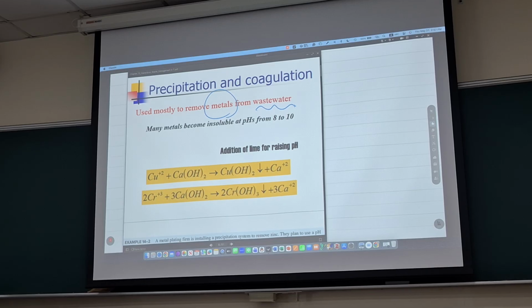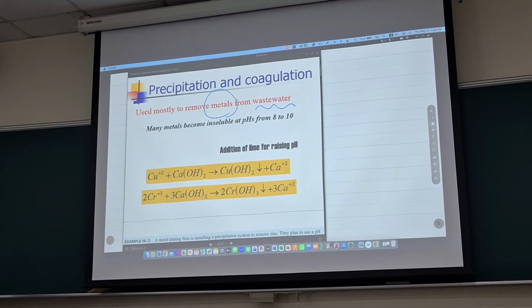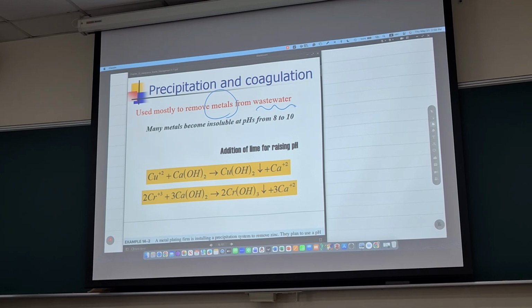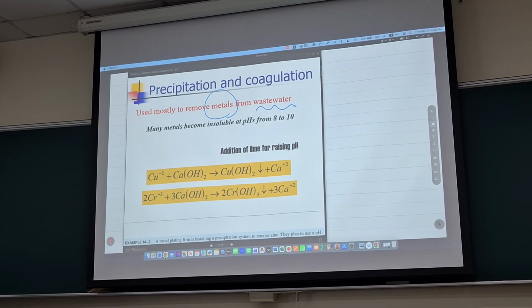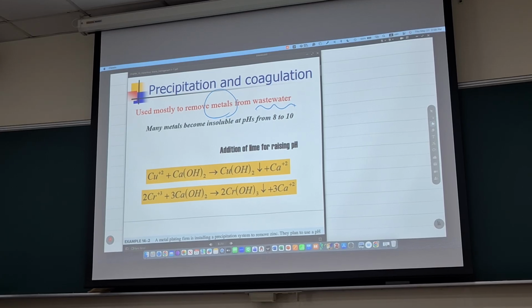So, if I ask in the exam, I want to remove some heavy metals from wastewater, students say, oh, the wastewater is in environmental improvement. We are talking about the toxic, heavy-metal wastewater. You can use precipitation and coagulation to remove heavy metal from wastewater.